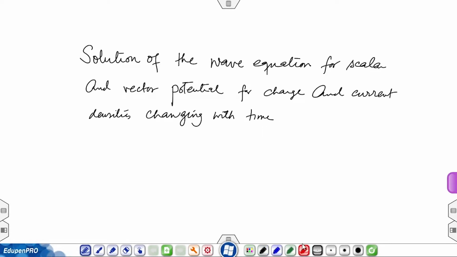And this will give retarded solutions, which we will see in a minute what it means.